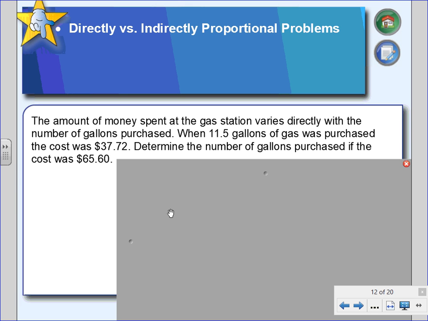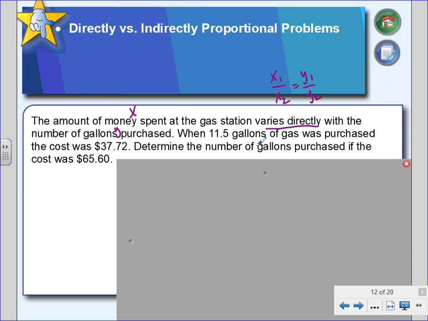The amount of money spent at the gas station varies directly with the number of gallons purchased. Right there, we are told the amount of money is first. So money is x. Varies directly means the normal structure with y1 on top, with the number of gallons, y, purchased. If we read the next portion, we can find x1 and y1.